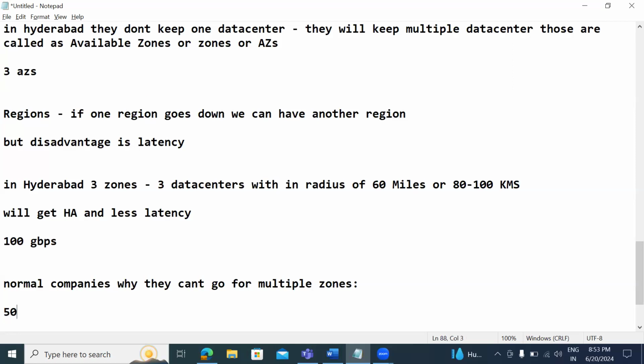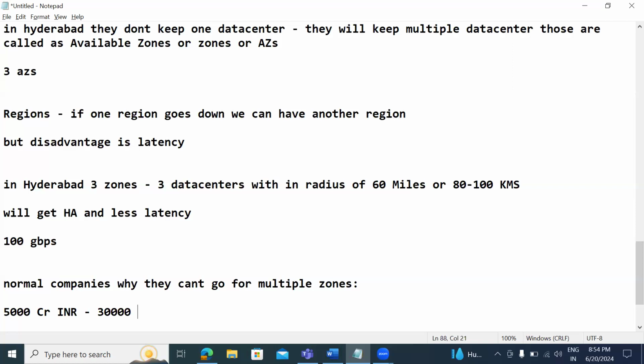For each zone, AWS is investing maybe 5,000 crores in Indian rupees. And in Hyderabad itself, they're going to invest 30,000 crores by 2029, which means in the next 5 years they're going to add huge infrastructure to those zones. For normal companies, keeping 3 or 4 zones in a single location is very expensive. But AWS can do this.